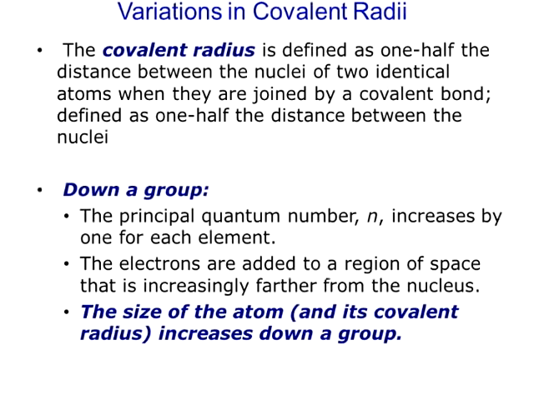That's all we're saying. The electrons are added to a region of space that is increasing further from the nucleus. As a result of this, the size of the atom and its covalent radii, or radius, increases down a group. That's the bottom line. The size of the atom and its covalent radius increases down a group.